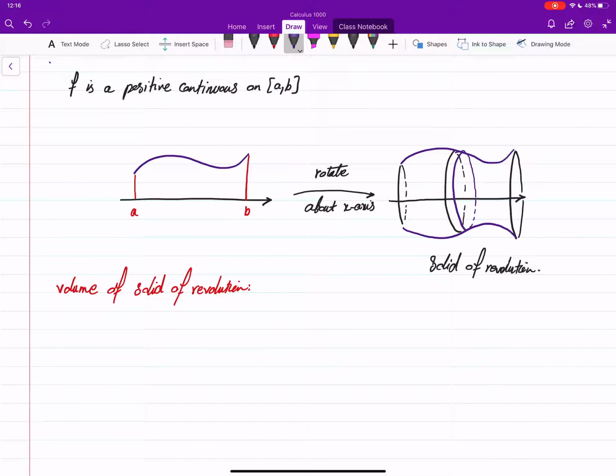So in other words, you chop it into thin discs around every given point x, while the thickness of the disk we are going to take to be delta x, and the radius of such a disk, if I just draw it here, is going to be f of that sample point from the ith interval.